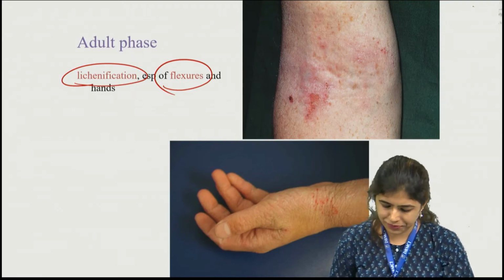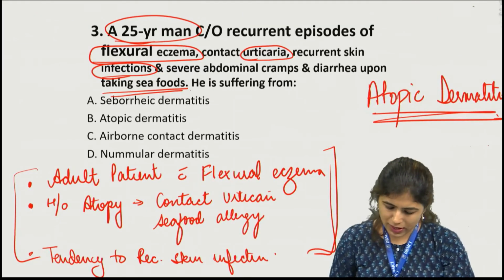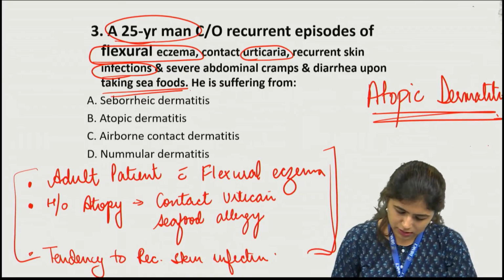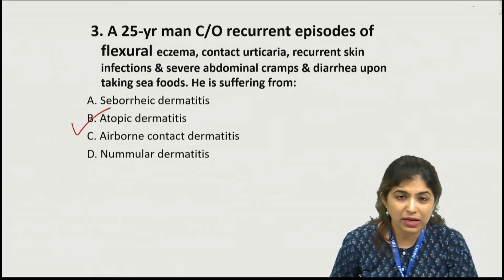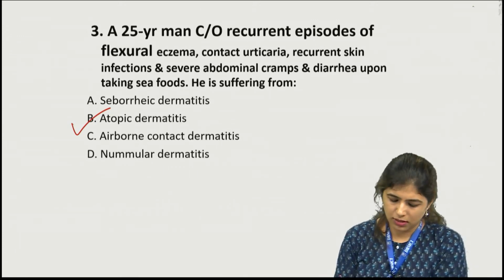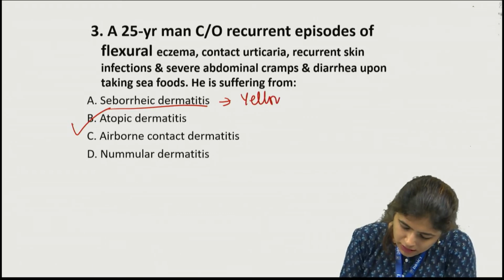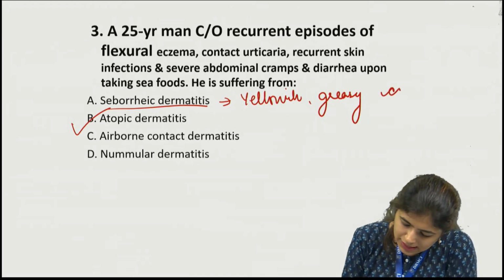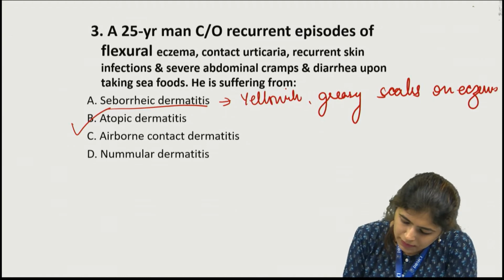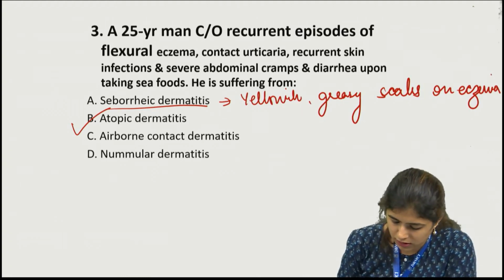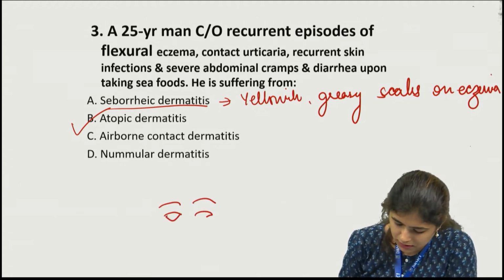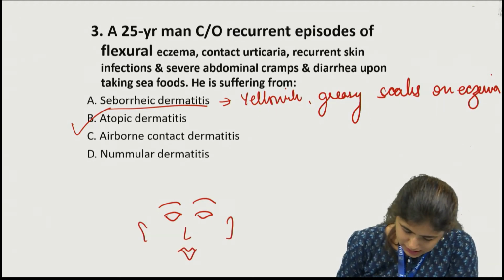Clear to everyone? So we come back to the question. What is the answer here? The answer here is atopic dermatitis. If we discuss seborrheic dermatitis, it will have yellowish, greasy scales on the eczema. And the sites will be classically seborrheic sites.